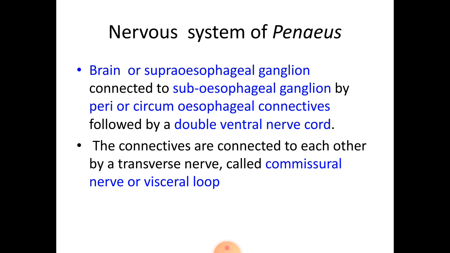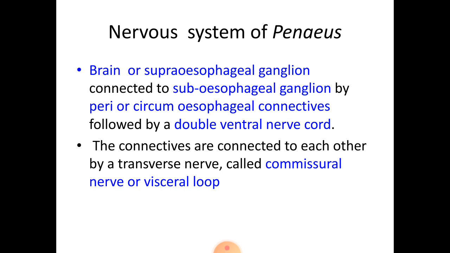Here the brain is known as supraesophageal ganglion because it is a mass of nerves which is seen above the esophagus. So here the nervous system is in the form of a ring which contains a supraesophageal ganglion above the esophagus and a subesophageal ganglion below the esophagus.